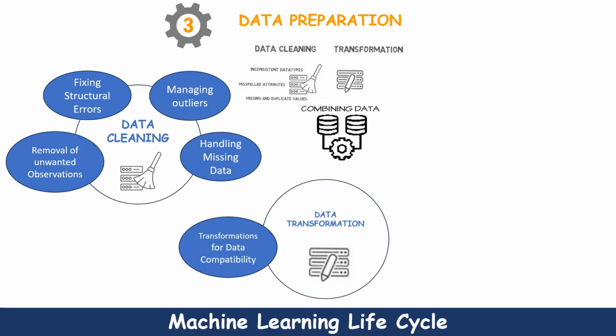Next, many times, we may require to resize the inputs to a fixed size. Such kinds of transformations are mandatory transformations, and those we should perform to ensure data compatibility. The next kind of transformations are optional, and those are required to improve the quality or performance of the model.